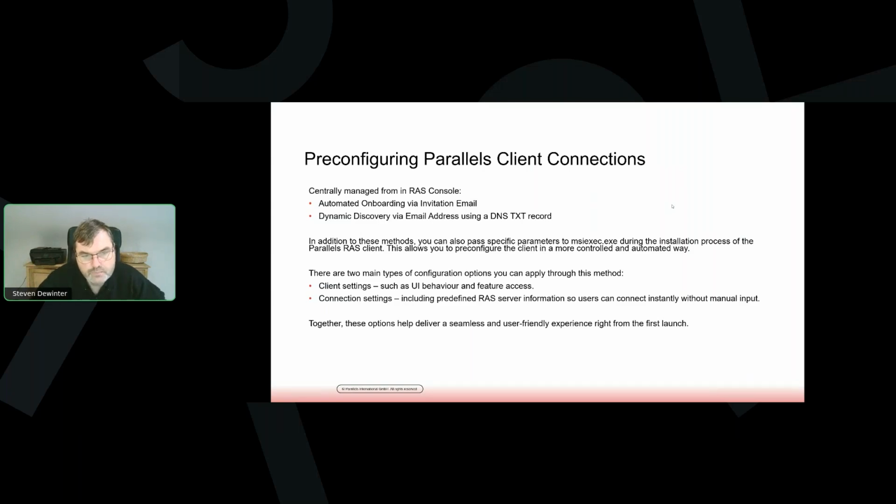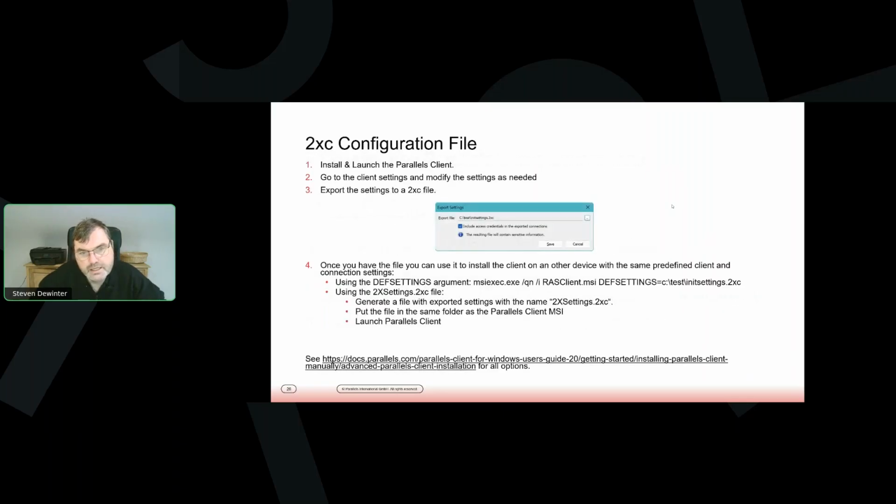And then there are also connection settings. That's, for example, connect to production, connect to non-production, connect to customer 1, connect to customer 2. So the connection settings. If you want to pre-configure the client settings, you can run the client, make your own configuration, and then export your settings into a 2xc file.